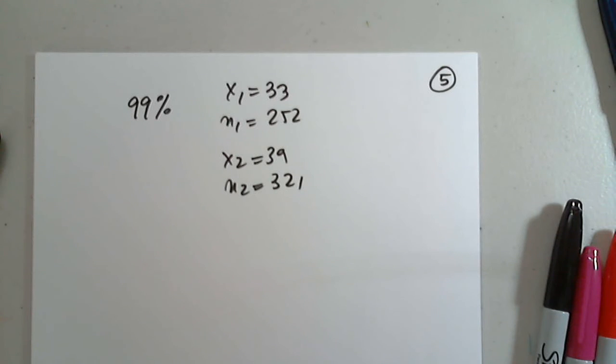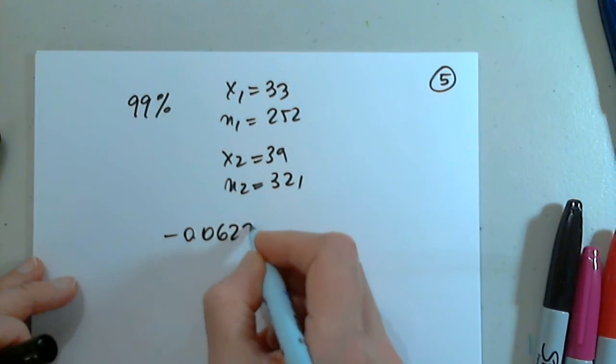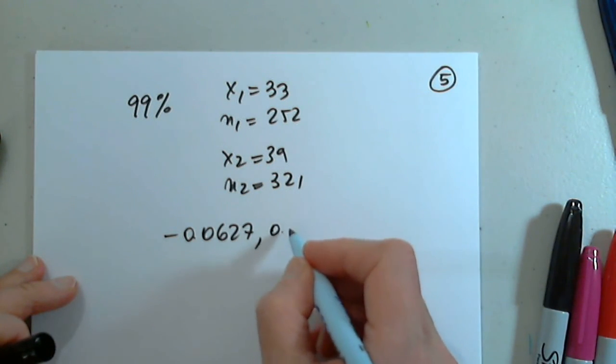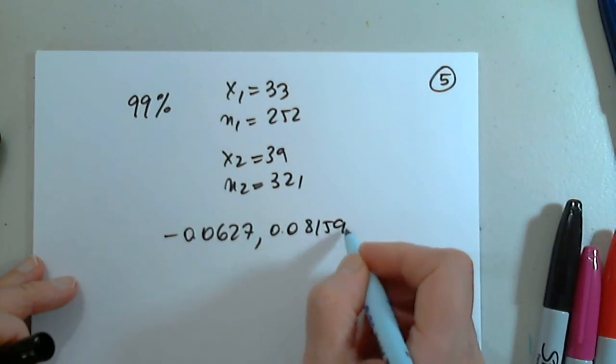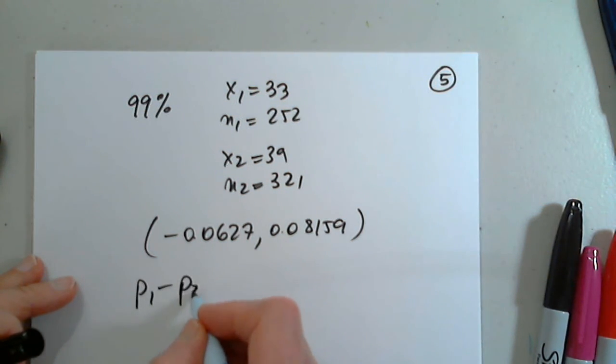Oops, I didn't mean that, I meant to go up. 2-proportion z interval, and x1 is 33, and n1 is 252, and x2 is 39, and n2 is 321, and they wanted 99%. Okay, and calculate. So negative 0.0627 and 0.08159. So this was for P1 minus P2.